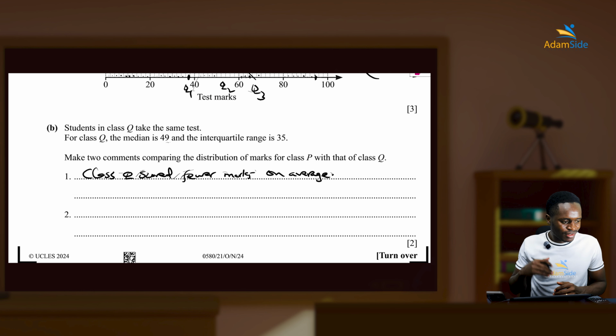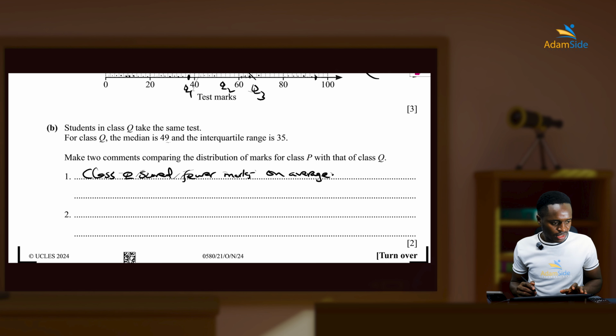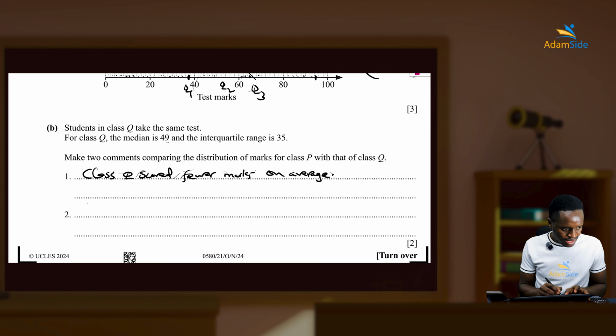So they have a higher average, as the median is higher. Or the equivalent, you say class Q has a large spread of marks, as the interquartile range is higher. So you can say the second option, class Q has a large spread of marks.